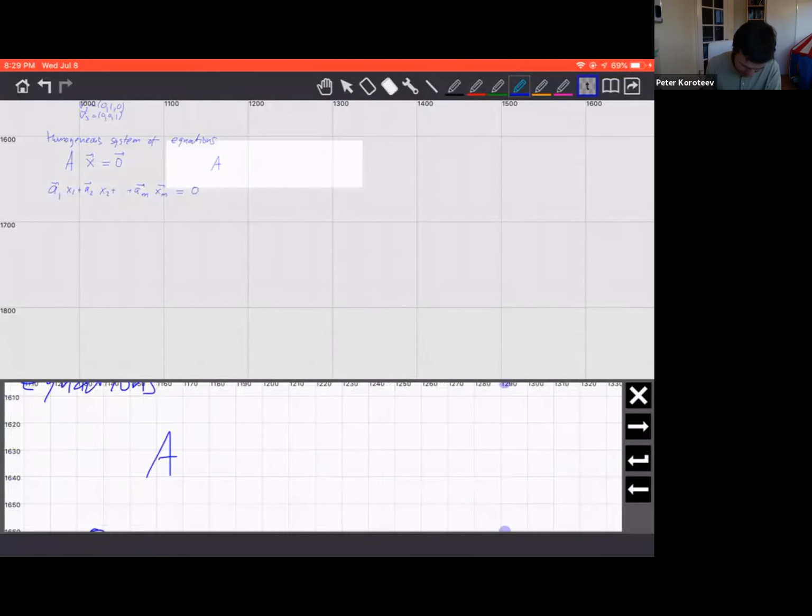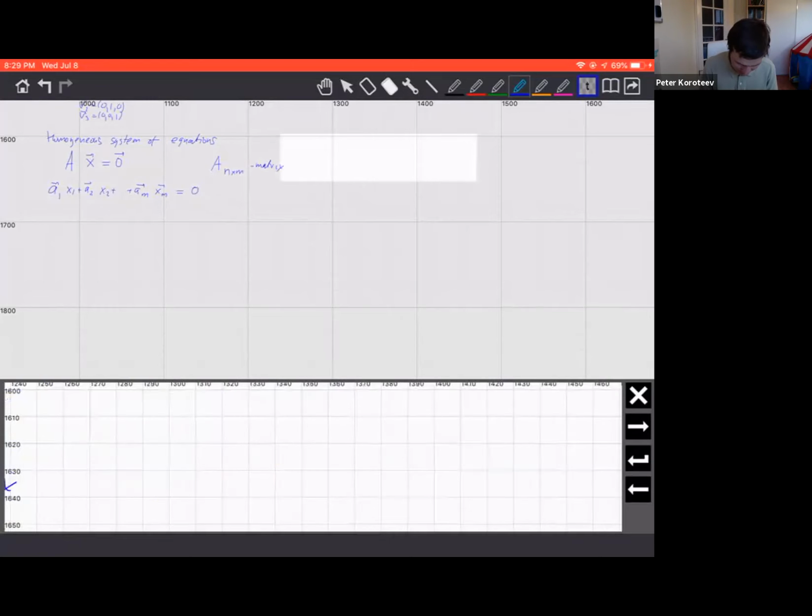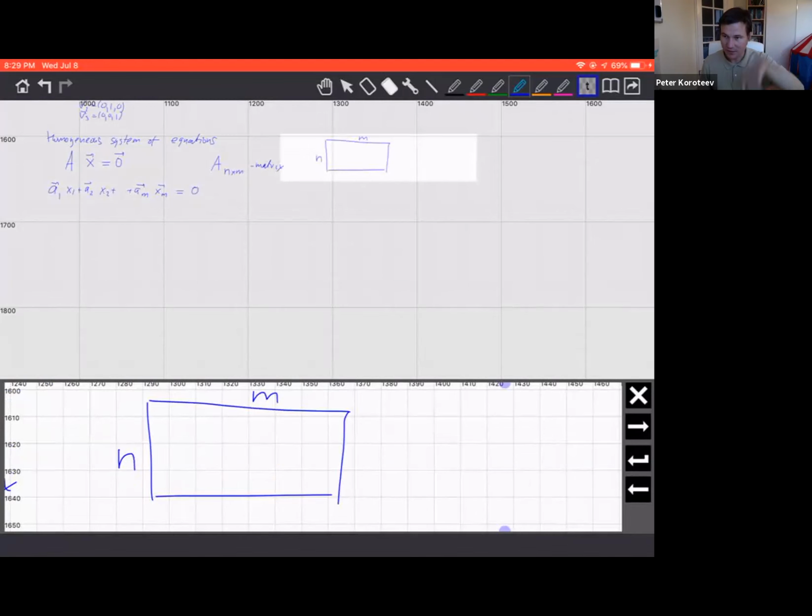A is an n by m matrix, meaning it has n rows and m columns. It's a rectangular matrix, so you can multiply it by a column vector with m components.